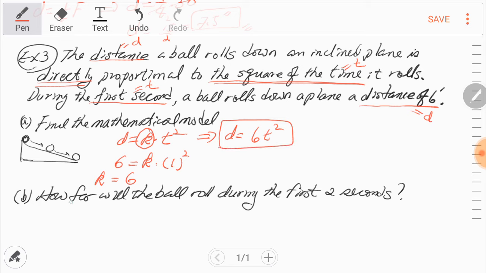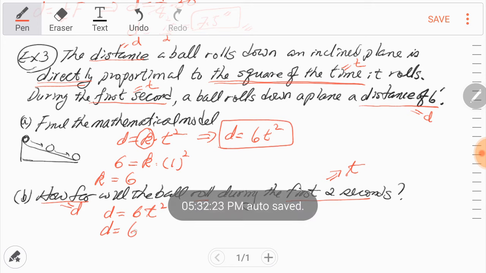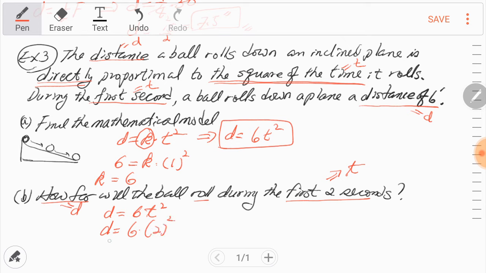And for part B, how far will the ball roll during the first 2 seconds? So from here, the t value is 2, and we will find the distance d. Using the equation d equals 6t squared, we know t equals 2, so d equals 6 times 2 squared. d equals 6 times 4.